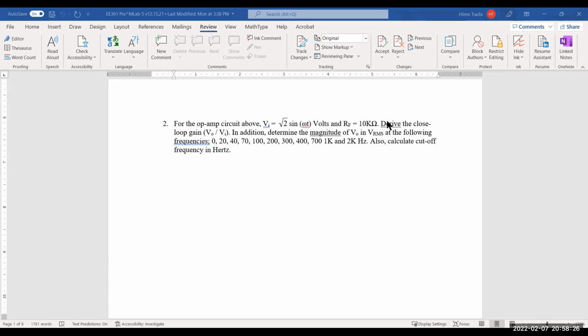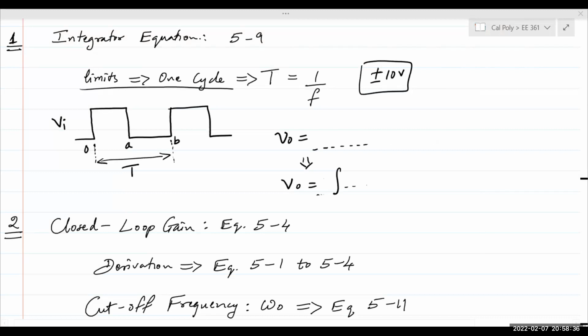And the question is, derive the closed loop gain. Well, closed loop gain is actually given in the lab write-up in equation number 5. So again, students should review the lab write-up and then practice.